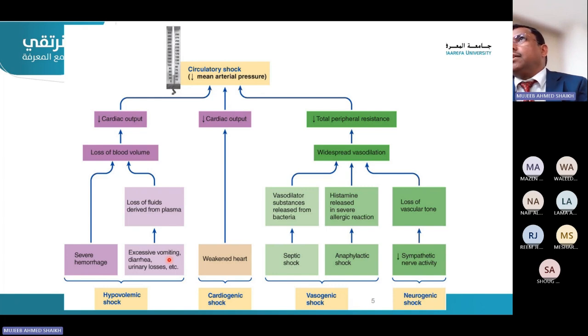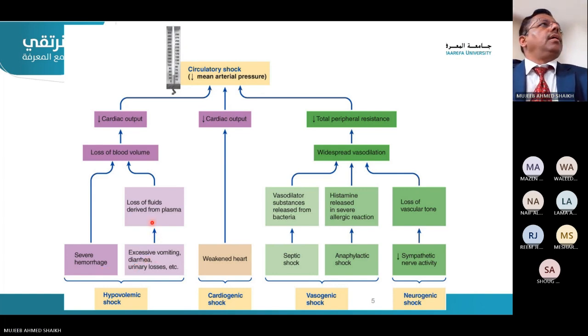In the 60% plasma, 90% is water. So if there is any sign or any disease related to the loss of fluid or loss of water, it can lead to loss of plasma, and a decrease in the blood volume. So volume loss is the main feature of hypovolemic shock, either blood or water. This will lead to loss of fluid, which is derived from the plasma.